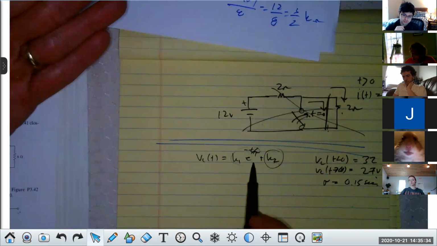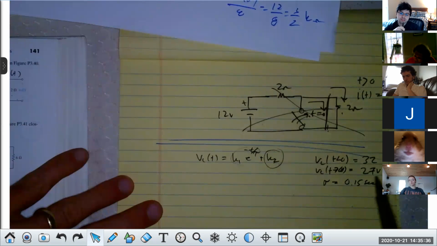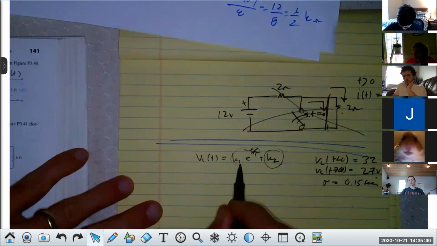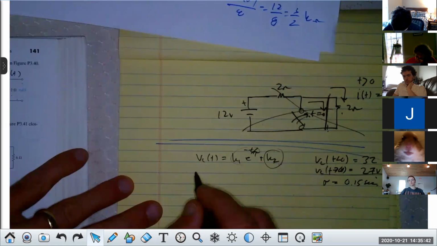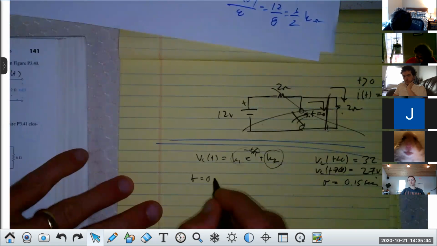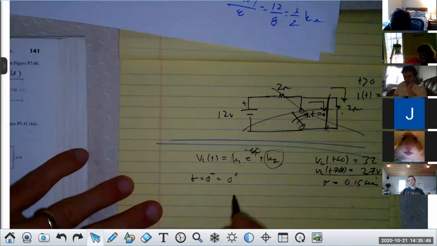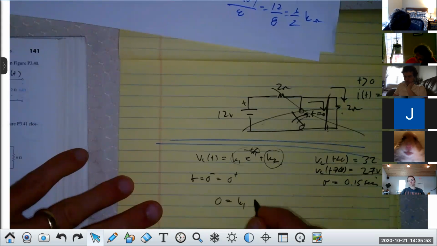Agreed? So I know K2 is this voltage. Next, I need K1. I solve for K1 at t equals 0. So at t equals 0 minus equals 0 plus here, and I can say that this is 0 equals K1 plus K2, which is 27, but that's not the case. What is the voltage for t less than 0?